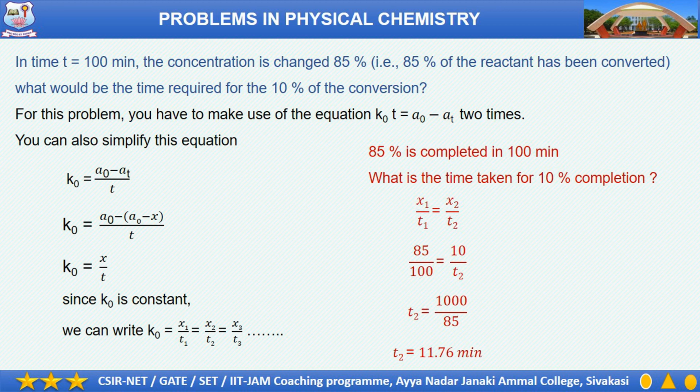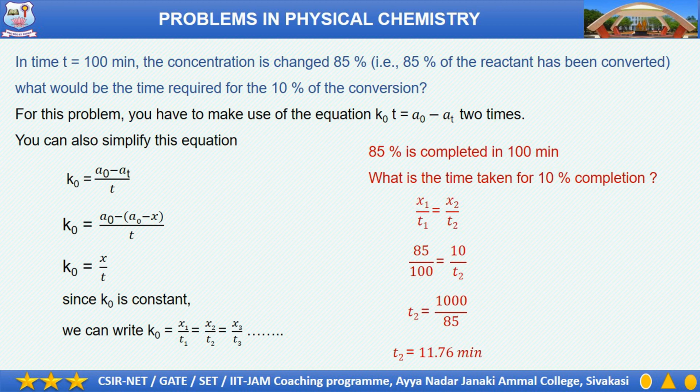It is not between 75 and 50; 75 and 15 are given. We will have a separate equation, and we can make use of that equation. But say 85% requires 100 minutes. What is the time taken for the zero order reaction to complete 10%? For this, you have to make use of this equation two times.